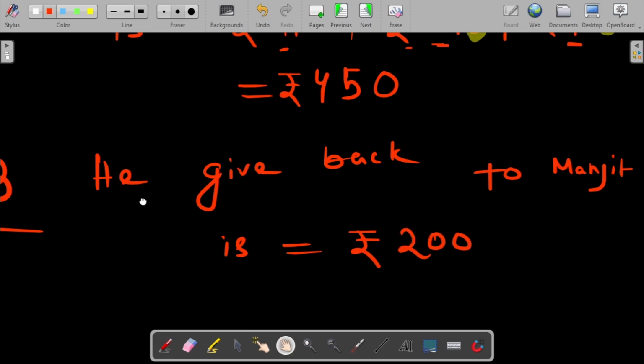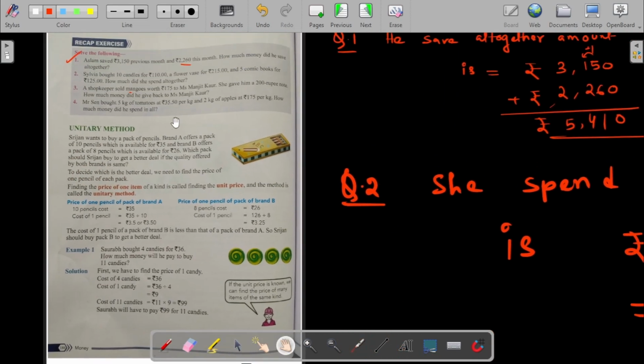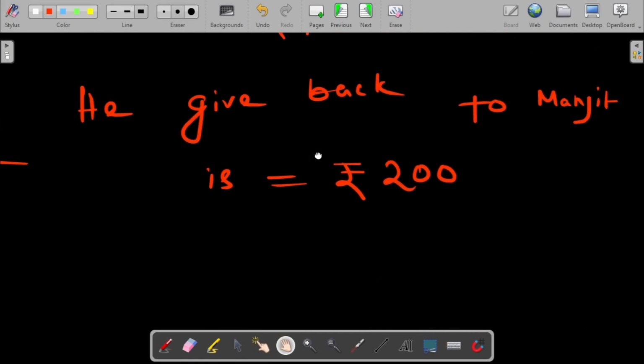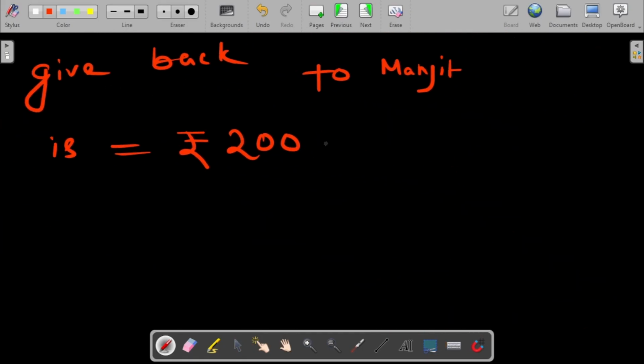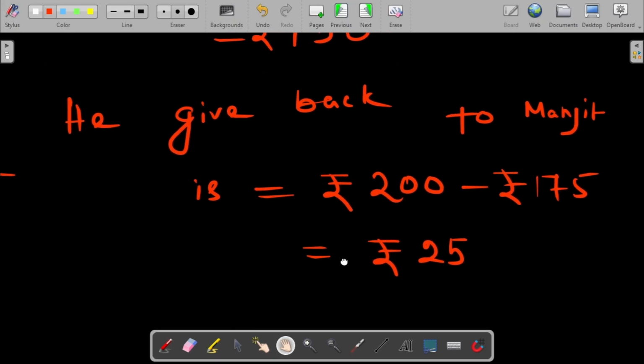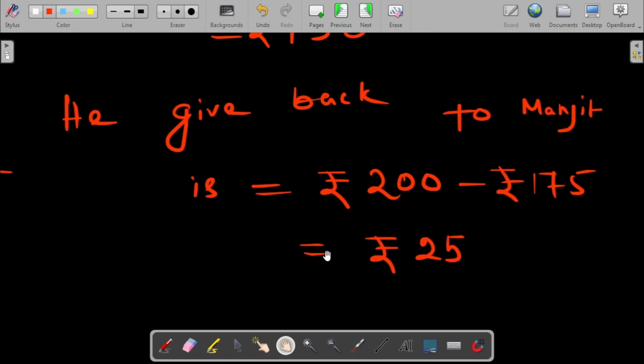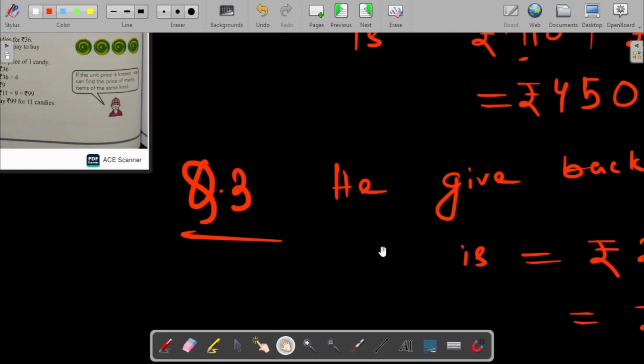He was given 200, and the mango's price is 175. So rupees 200 minus rupees 175, and this is equal to what? Rupees 25. So he gave back to Manjit Kaur rupees 25.